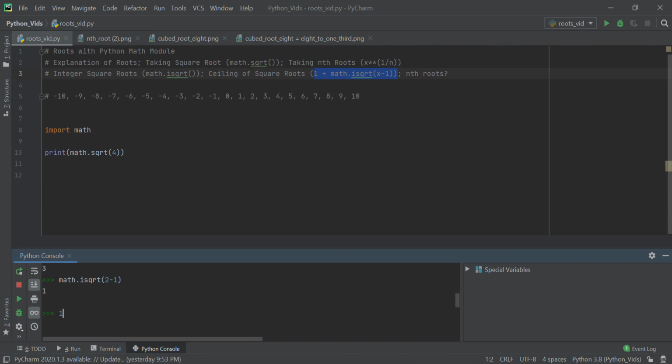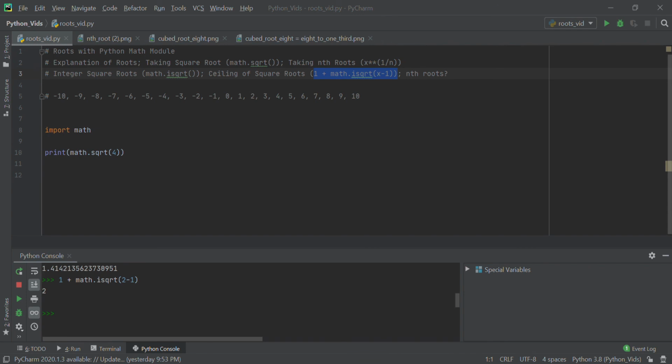And so what we do here with this formula is add 1 to it. 1 plus math.isqrt of 2 minus 1, and that gives you 2, which you'll notice is the ceiling value of the square root of 2, right? Because remember, the square root of 2 was 1.4 and change. The ceiling of that is 2. And so 1 plus math.isqrt of 2 minus 1 will actually give you that ceiling of 2 that you're looking for.